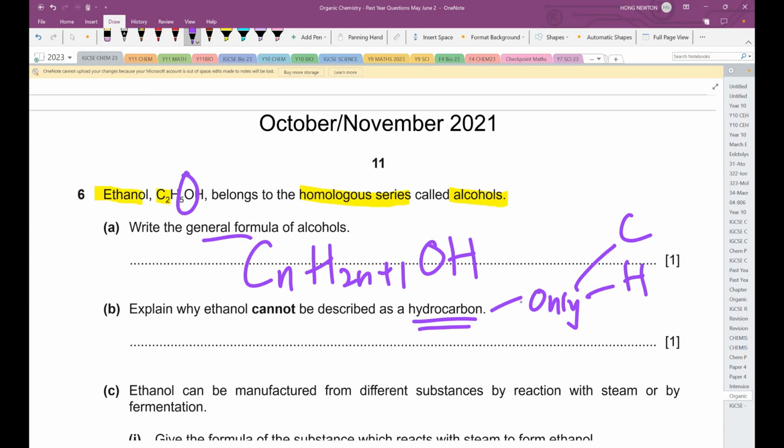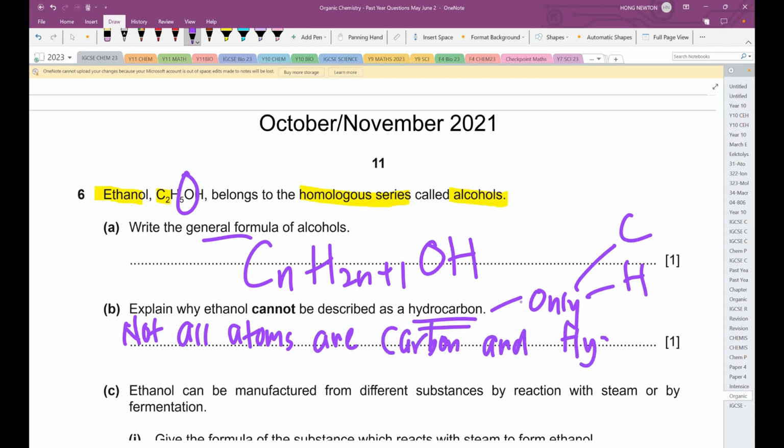Oxygen, correct? So how are you going to answer? So you can say not all atoms are carbon and hydrogen.